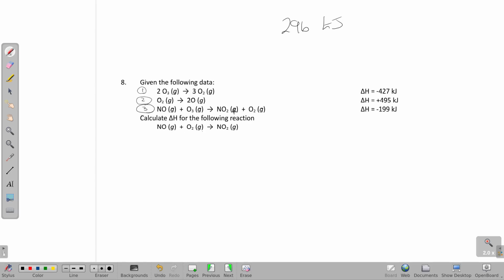Because as you can see, most of our components are here, but we're kind of wrong on the oxygens, right? So we got to fix that. Alright, so what we're going to do is look for our very first reactant in our overall process. We find that in equation 3, and it has it exactly like it is. So we're just going to rewrite equation 3 here.